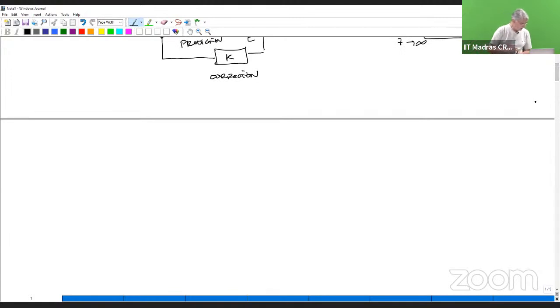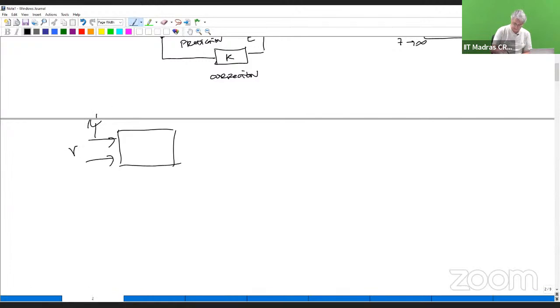Now, there's something very interesting because this is a system where you have measurements of psi, and I'm not calling it psi m or whatever.